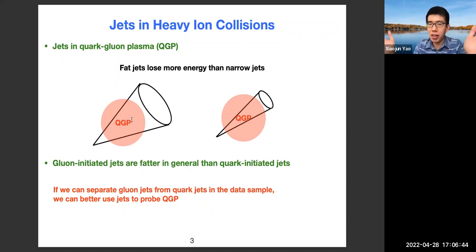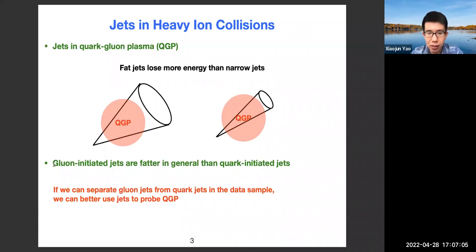While a fat jet has wider distributions, the QGP can resolve each individual particle inside this jet and interact with them individually. So each particle inside the jet will lose energy almost independently for this wider jet, and that is why a wider jet loses more energy.